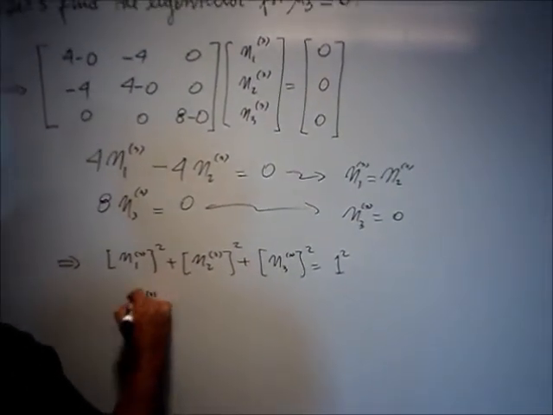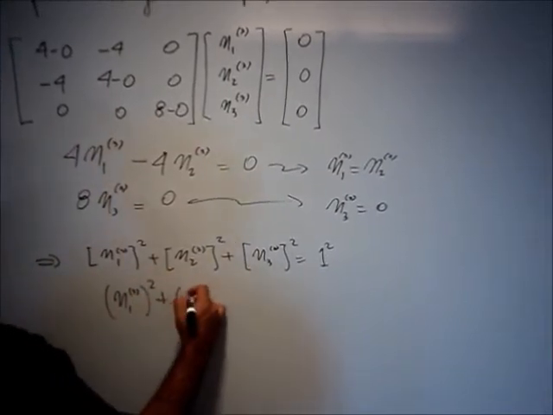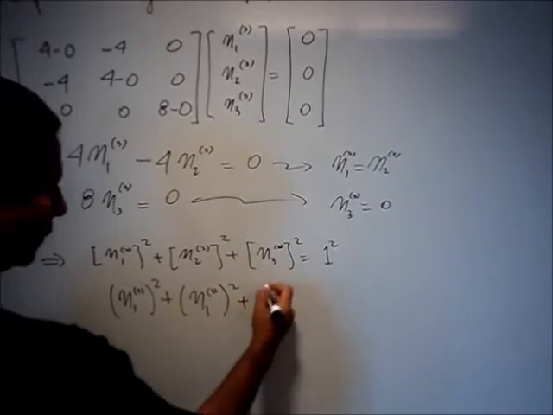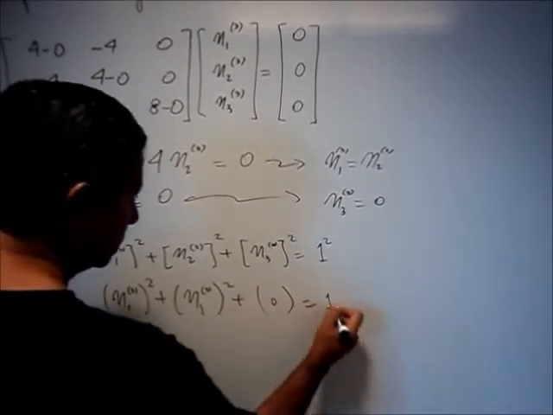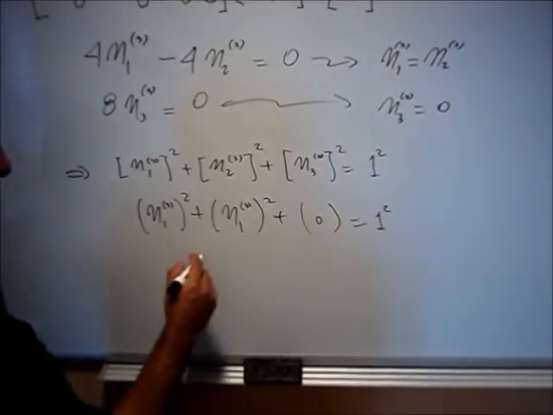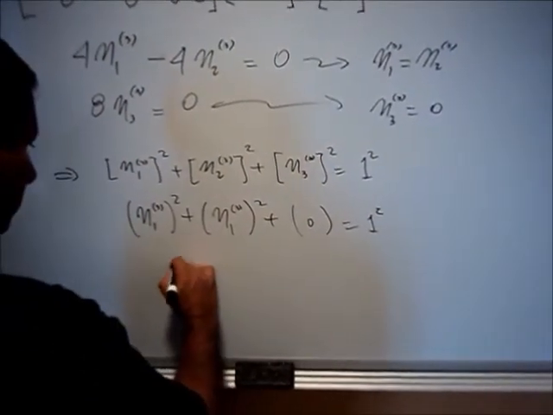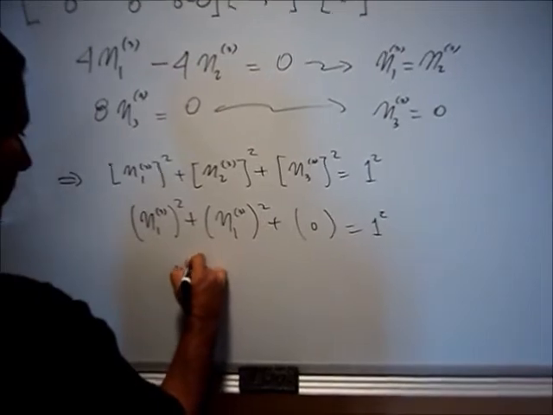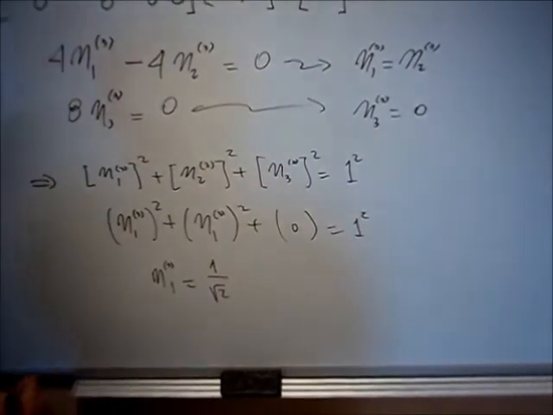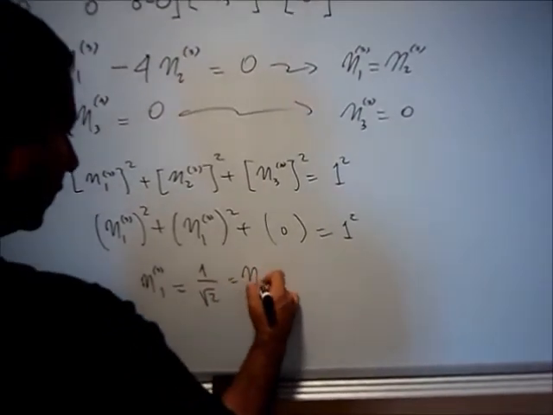Using the expression we found before, where n2 is equal to n1 and n3 is equal to 0, and doing the operations, we finally get that n1 is equal to 1 over square root of 2, and the same for n2.